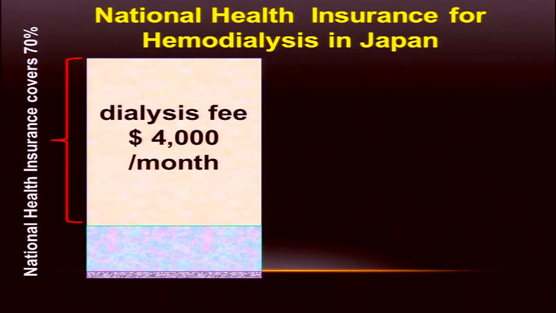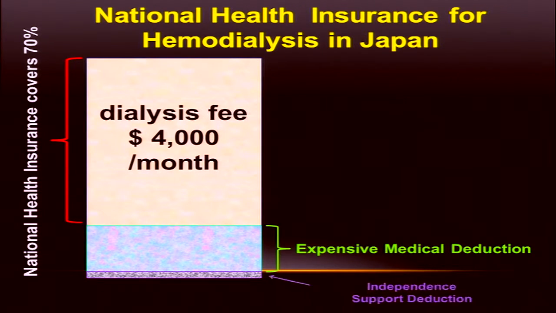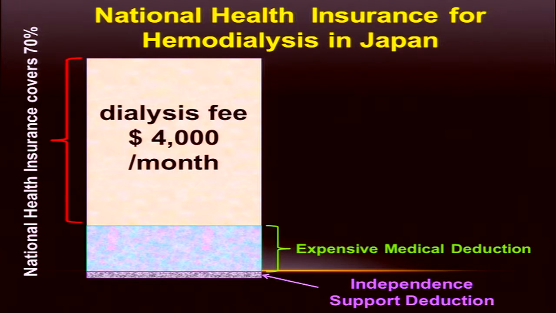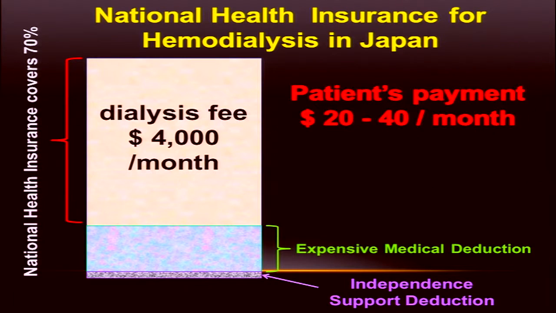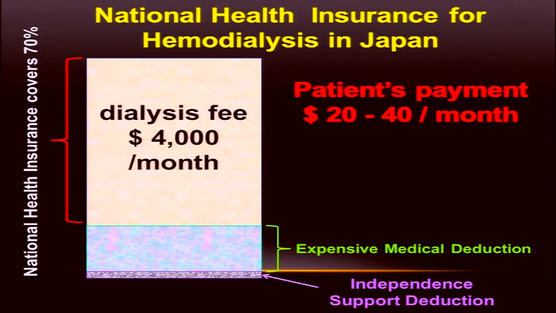You still have $1,200 a month, but this system that you don't have anyway covers most of the fee, and eventually the patient's payment is from $20 to $40, depending on your income.